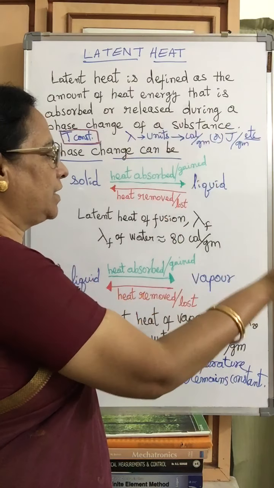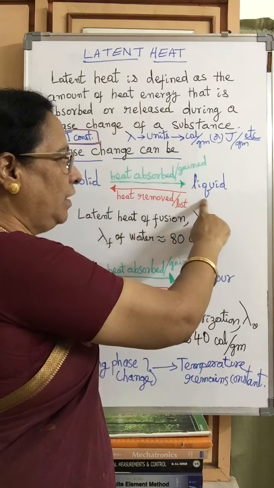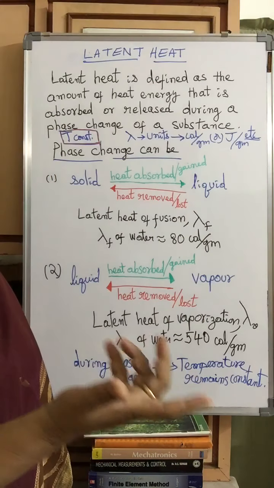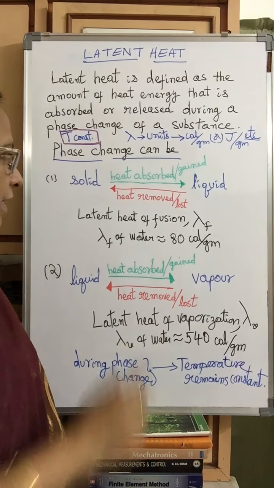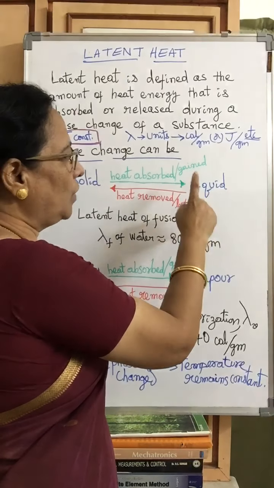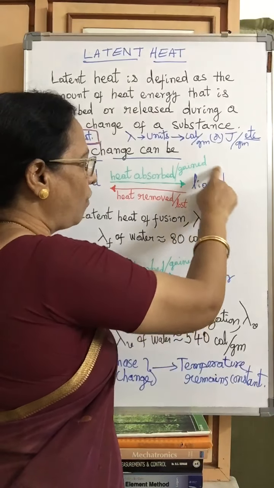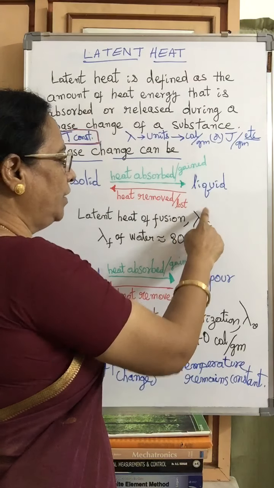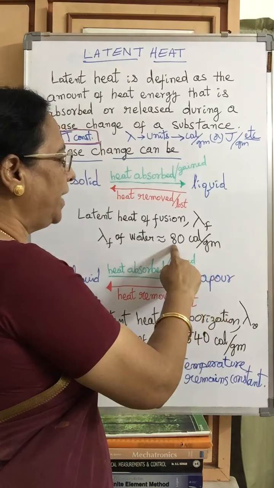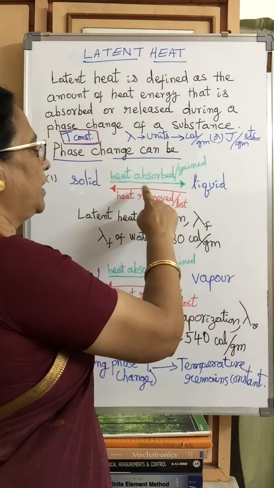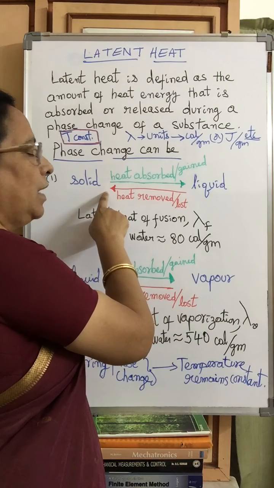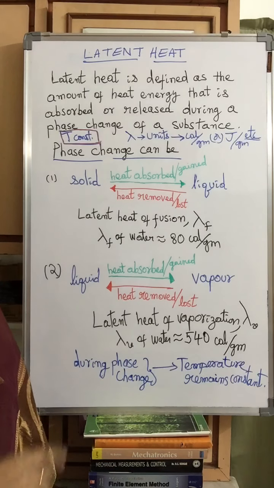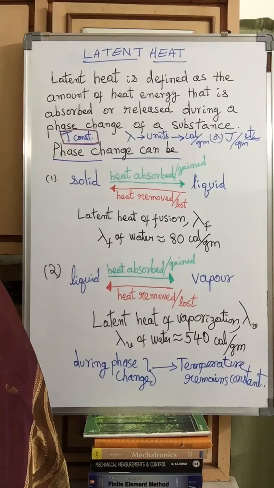Then we will get 1 gram of liquid water. In the same way, if you want to freeze 1 gram of water, you need to remove 80 calories of heat. Then it will become ice. That is the latent heat of fusion.